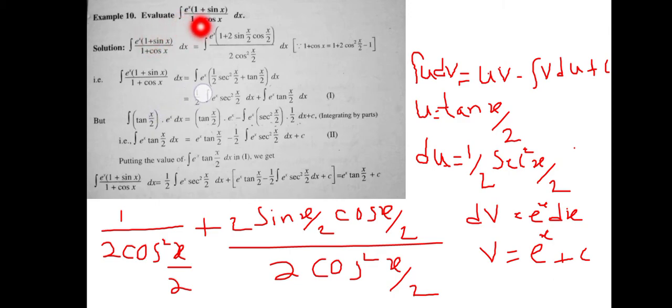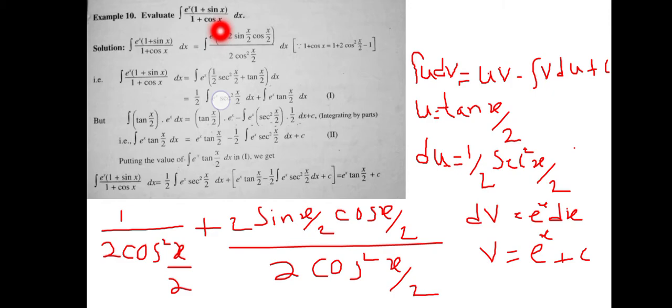Evaluate the integral of e raised to the power x times (1 plus sin x) divided by (1 plus cos x). Before solving this integration by using the integration by parts formula, first of all, we have to simplify the question. To simplify it, we will use the half angle formula.